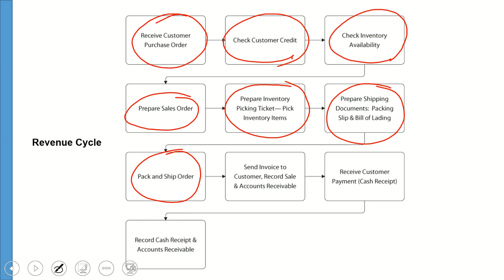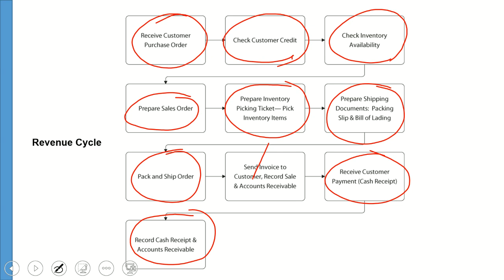Then you have to send the invoice to the customer and record your accounts receivable: okay, this much amount I have to collect from this customer. Later you will receive the amount from the customer, and you have to record that also. So you record cash receipts, and you also update the accounts receivable to show that it is received now.